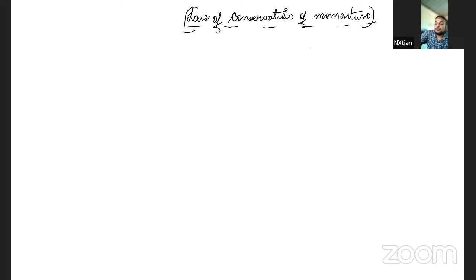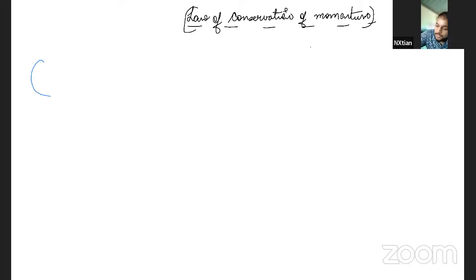See guys, law of conservation of momentum basically means that the momentum before collision and the momentum after collision will not change. Okay, so we'll understand it like this.